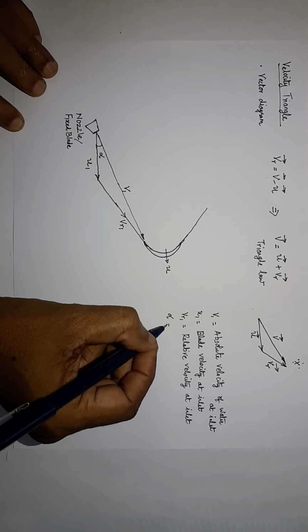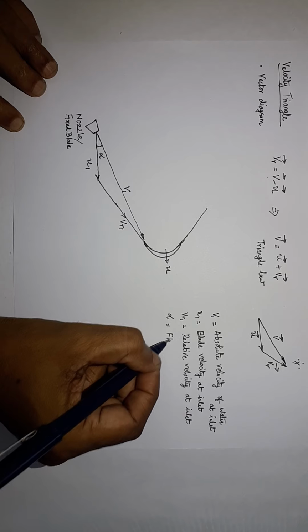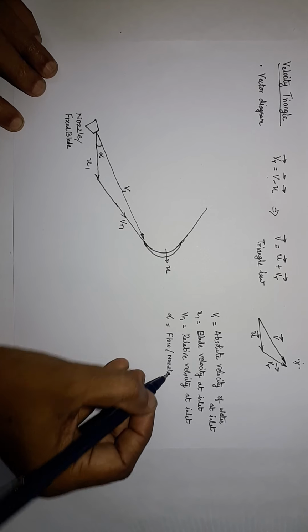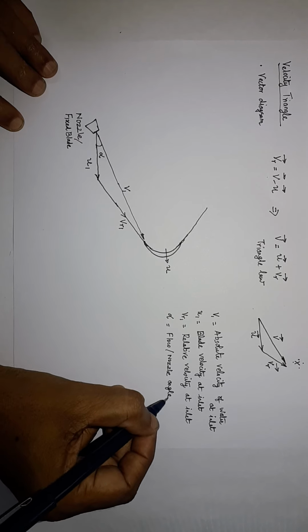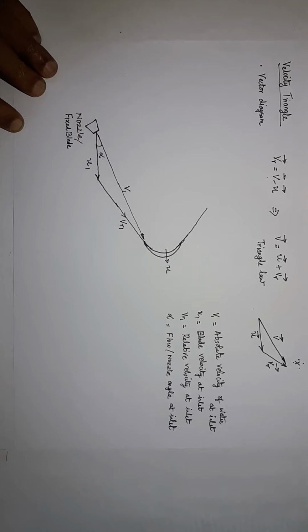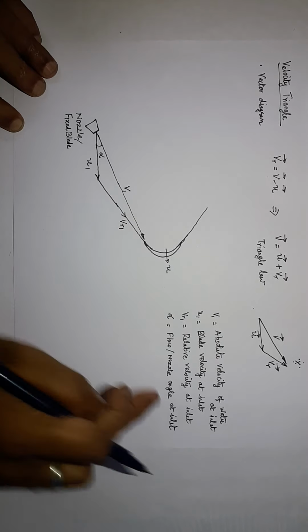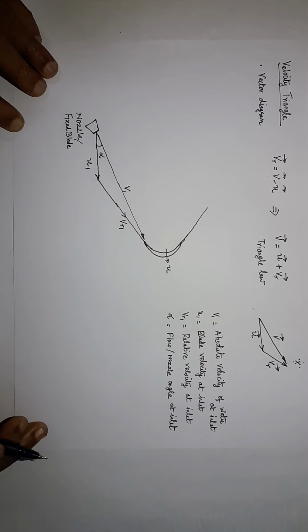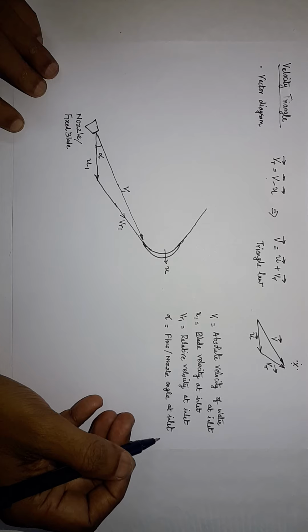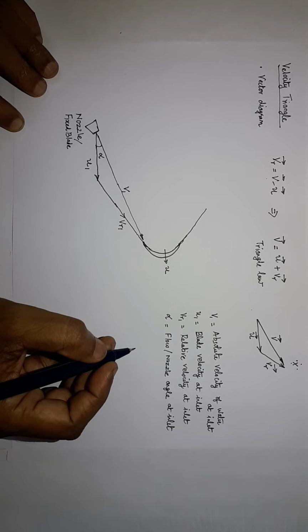What is alpha? It is the flow angle or nozzle angle at inlet. It directs the flow, so it is known as the flow angle. Or the nozzle is fixed and oriented in that direction, so it is known as the nozzle angle at inlet.